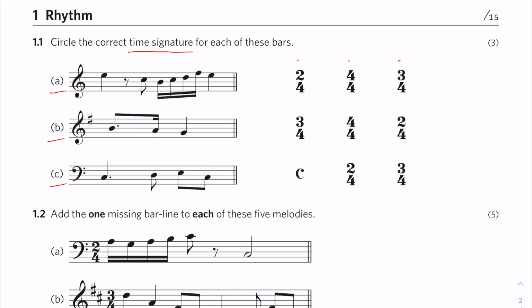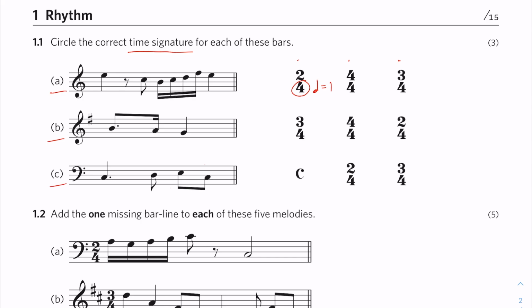In order to do this, we need to understand what time signature is. For example, if we look at 2/4 time, the bottom number always shows you what kind of notes get 1 beat. So here we have 4 at the bottom, so the 4 represents a crotchet, meaning the crotchet will be the unit of 1 beat. The top number shows you the number of beats in each bar.